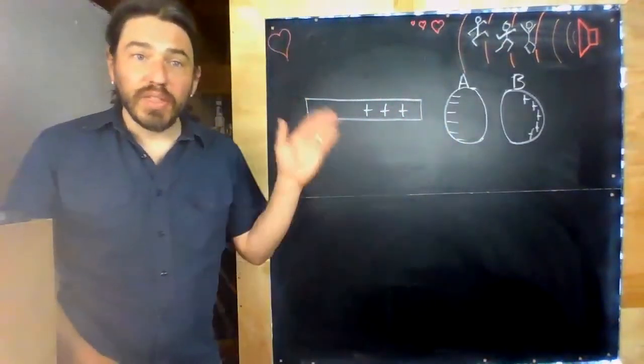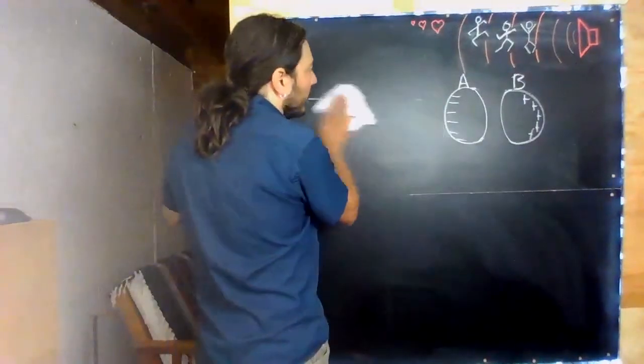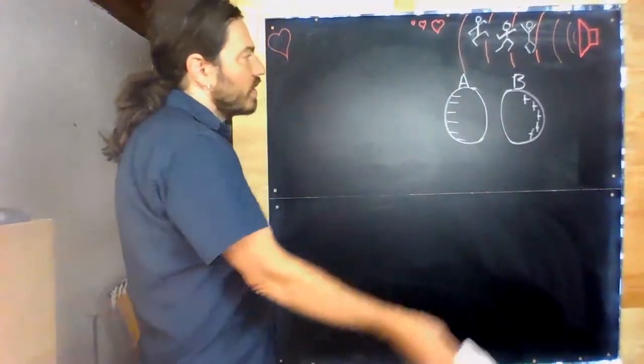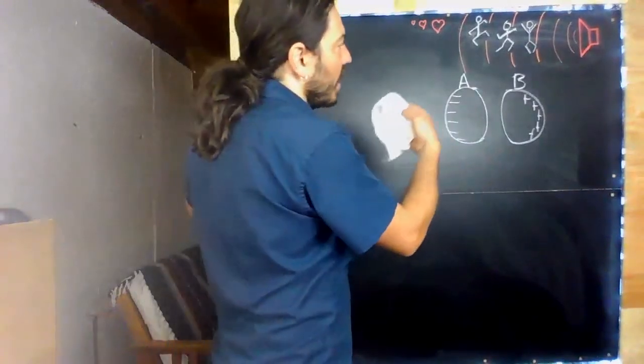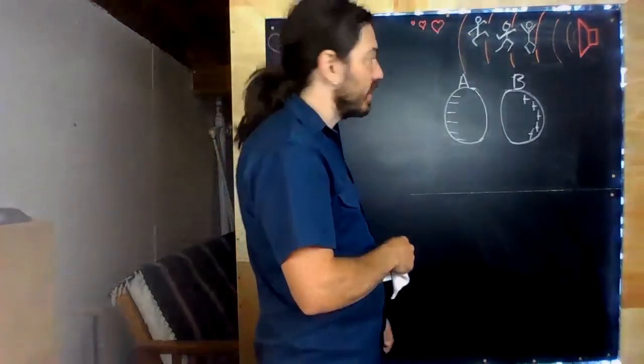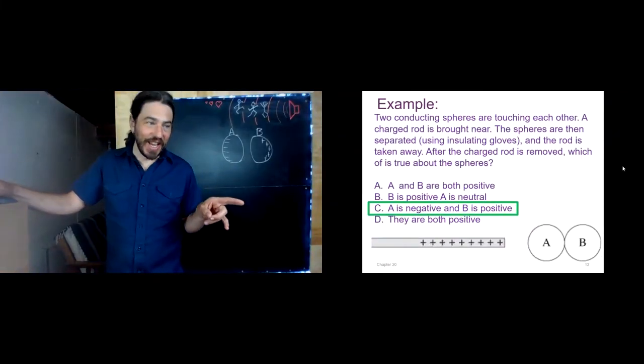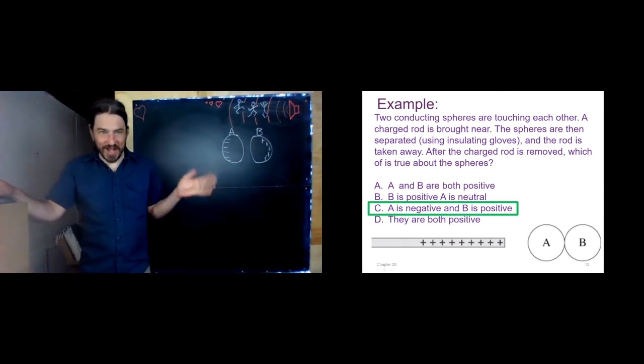Now they are separated, they are no longer touching, and I take my rod away. What happens? Well, A is negative and B is positive. And so the answer we reach is that A is negative and B is positive.